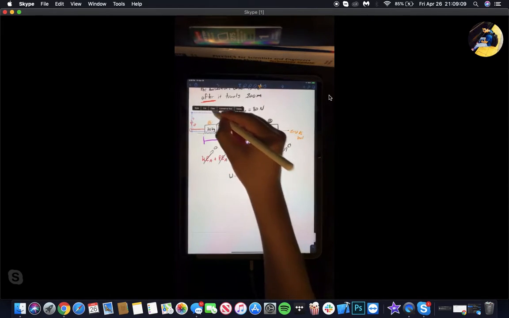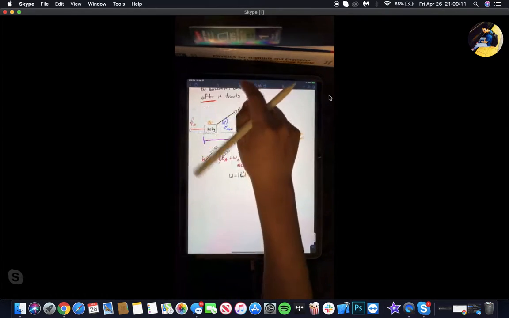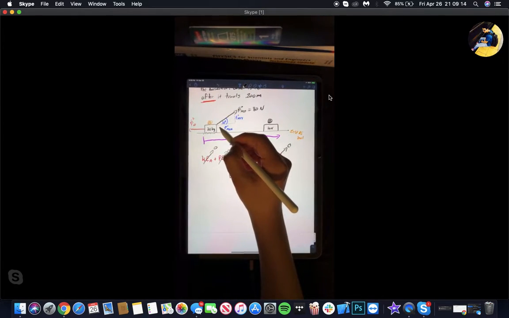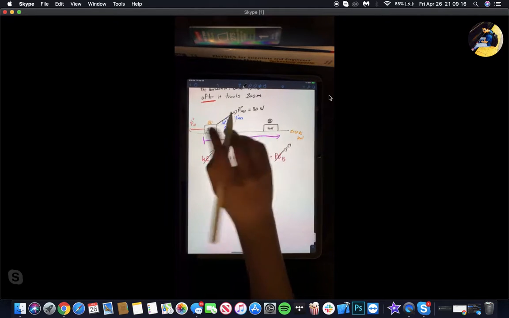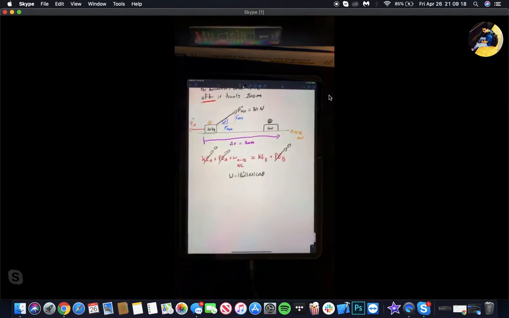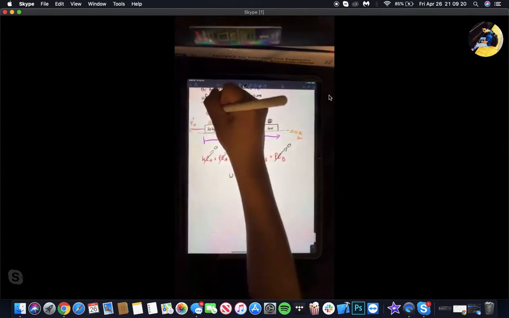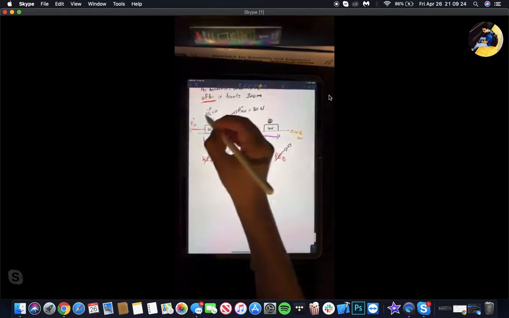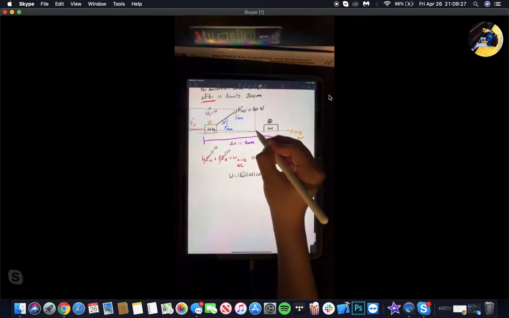Since it's still, it has V initial equals 0, since it's not moving. And then V final, we don't know yet. That's what we're looking for.